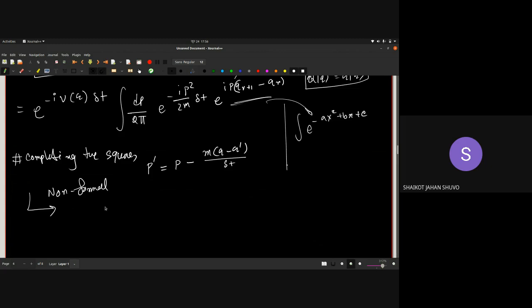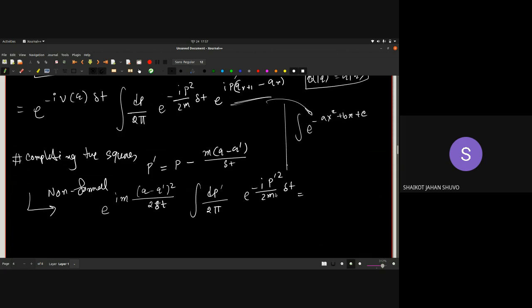The formal way is that after you try the substitution, your integral will look something like this: e to the power I m (q minus q prime) whole squared by 2 delta t, then you have dp prime over 2 pi, e to the power negative I p prime squared by 2m delta t. Again, you are not considering these highly oscillating integrals.